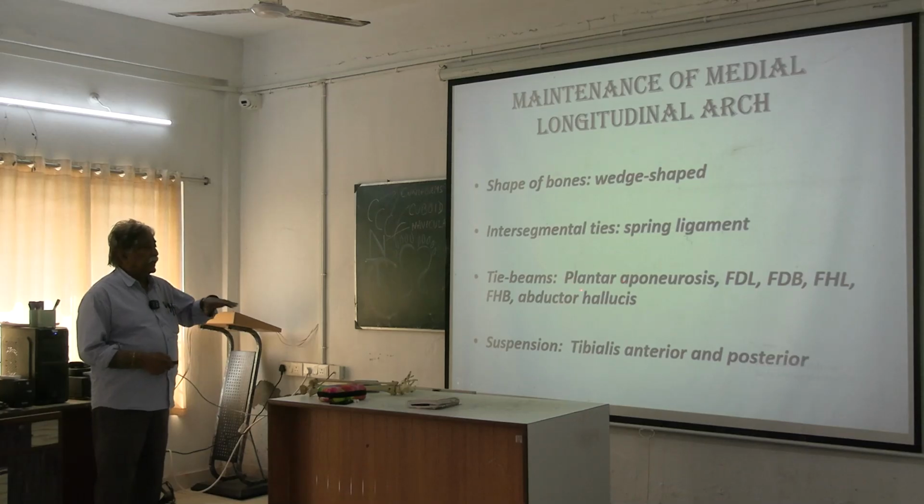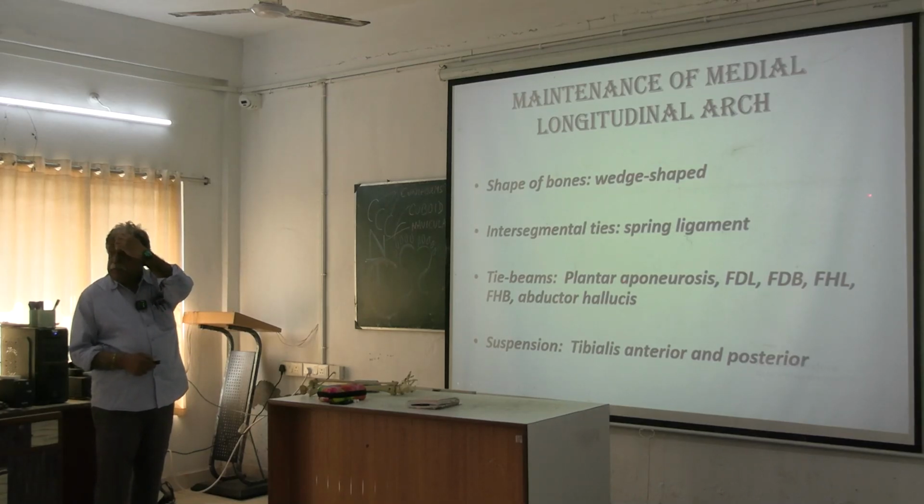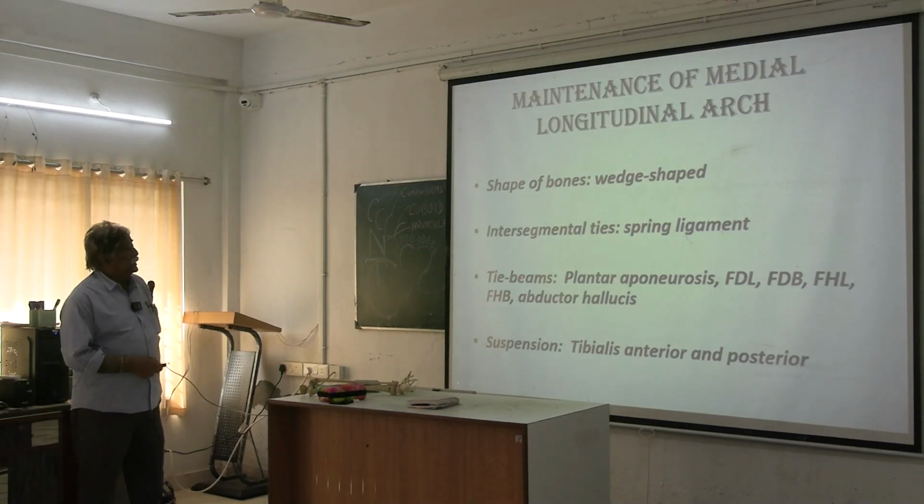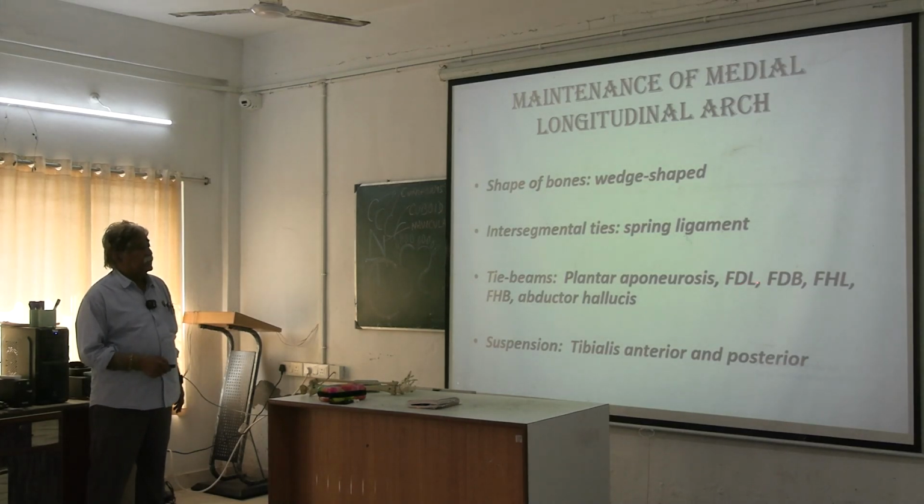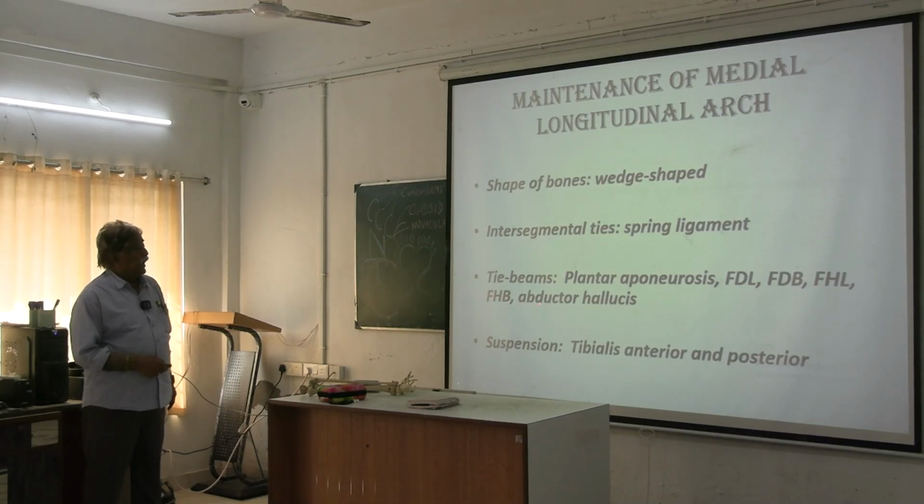All flexors, plantar aponeurosis. Please, in the next week, see the bodies, where the foot is there. Now tie beams: plantar aponeurosis, flexor digitorum longus, flexor digitorum brevis, flexor hallucis longus, flexor hallucis brevis, abductor hallucis. Suspension: tibialis anterior and posterior.